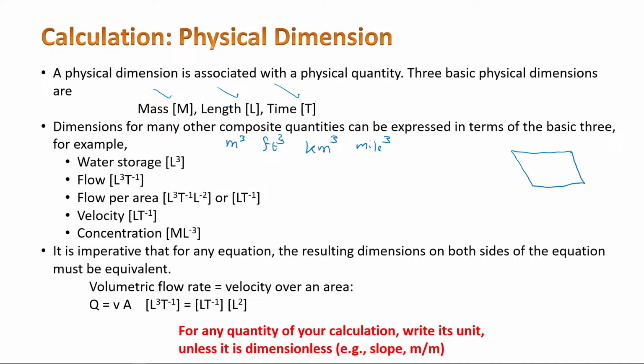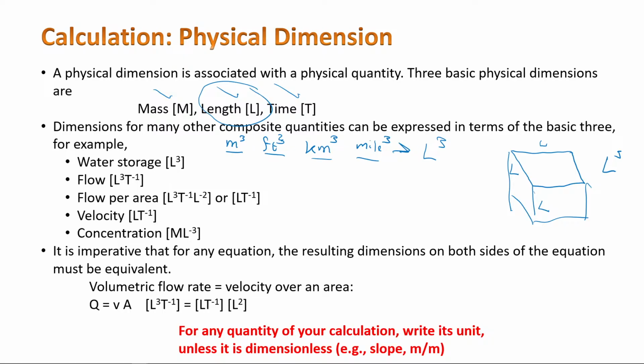Area would be length square, and volume would be length cube, so L cube. So the dimension of any water storage is length cube, because a length gives you a volume, which is meter cube, feet cube, kilometer cube.